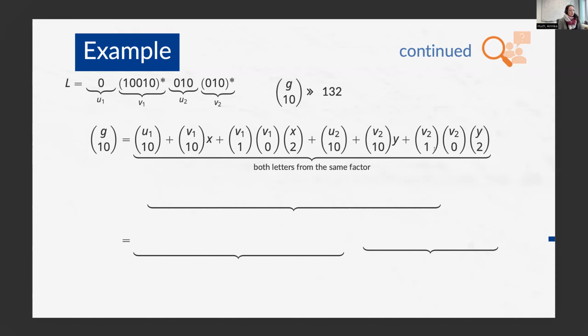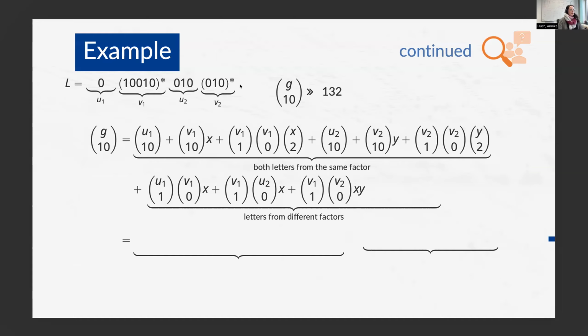Okay, and then for 2 letters, we can just choose the 1 and the 0 from different parts, which means from different factors. We can choose the 1 from u1, which will be 0 because there is no 1, but I just wanted to write it down for seeing how this procedure works. And then the 0 from any other part. Then we can find the 1 from v1 times x, because there's this loop, times u2 over 0.